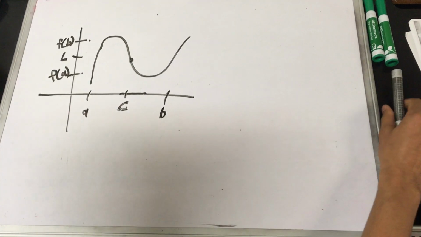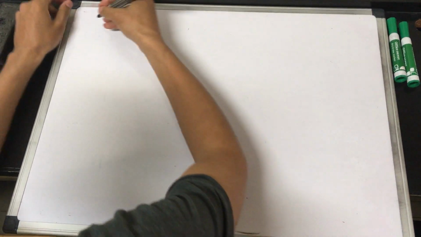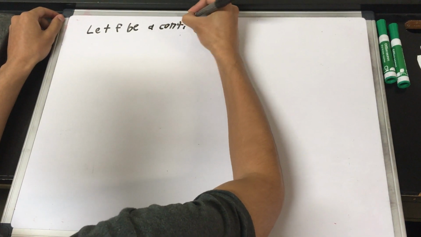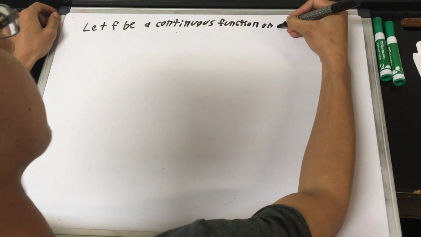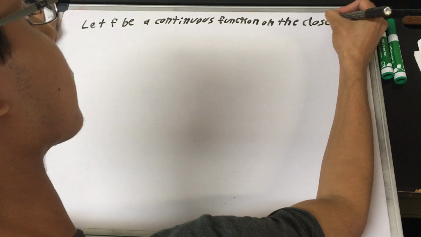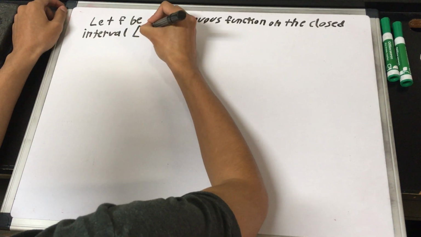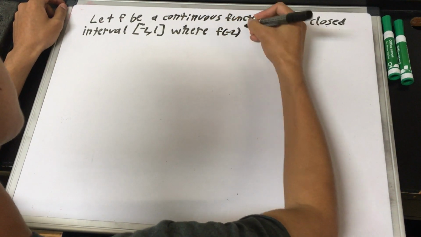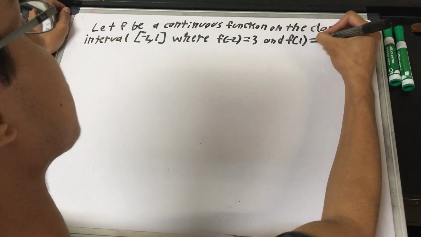Now let's continue to an example. It says let f be a continuous function on the closed interval [-2, 1], where f of -2 equals 3 and f of 1 equals 6.